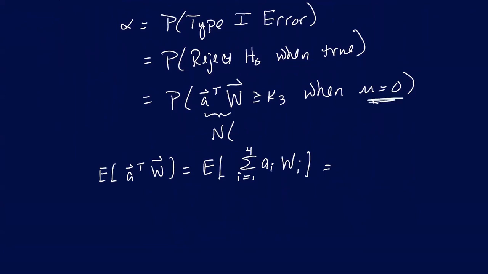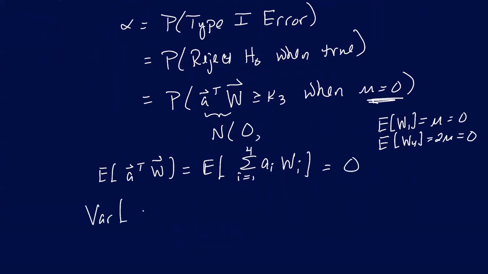This is under the assumption the null hypothesis is true. The expected value of W1, W2 and W3 was mu, and that's 0 under this assumption. And the expected value of W4 was 2 mu, and that's 0 under this assumption. So you'll get a 0.